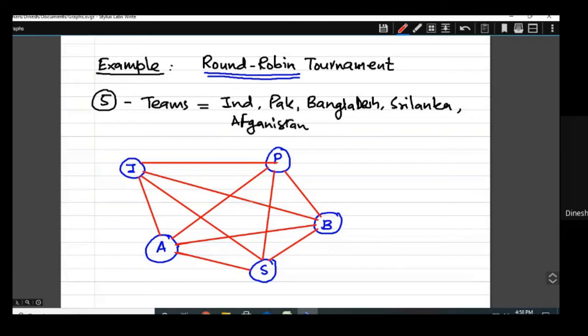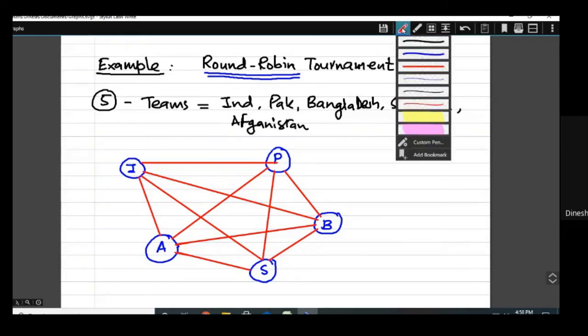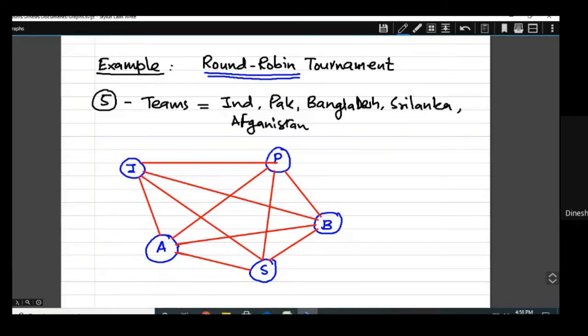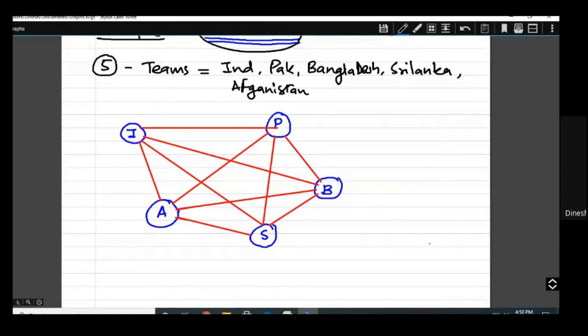So there is no need to draw additional edges. This is the round robin way of tournament, and this is also a way of representing it in a graph. Okay, good.